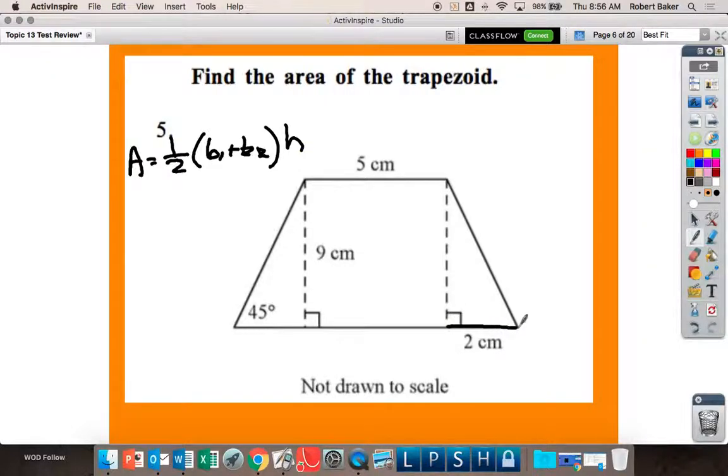So if this is 2, how long is this one? If this is 5, so the whole bottom is 9. Base 1 plus base 2 times the height.